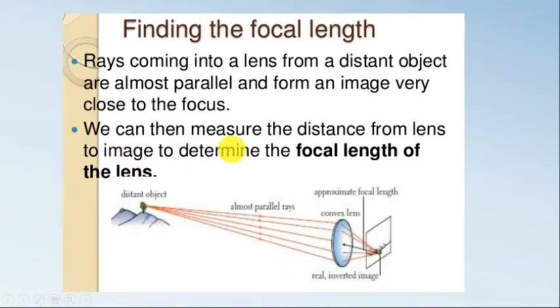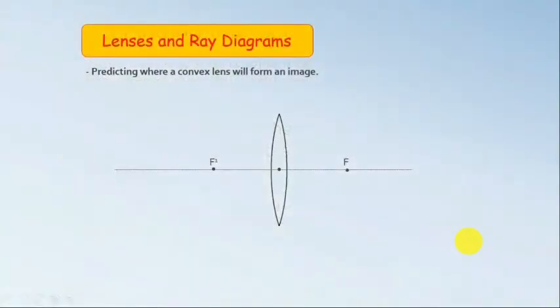Then we can measure the distance from the lens to the image to determine the focal length of the lens. We just measure this distance from C, the center of the lens, to the point. This is the focal length.